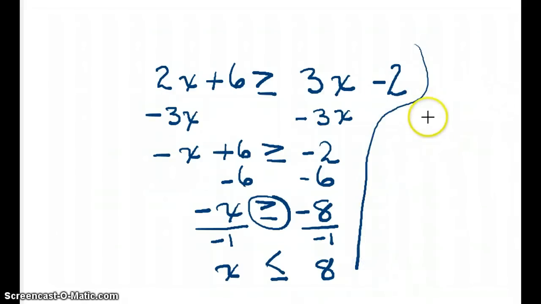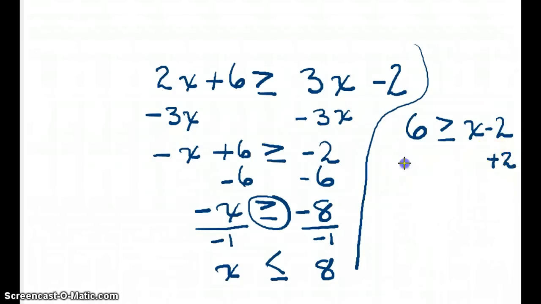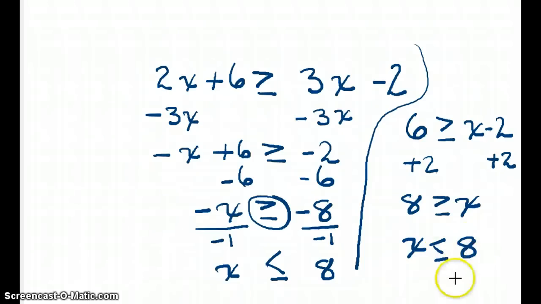Or the opposite way would be to get rid of the 2x, and I would have 6 is greater than or equal to x minus 2. I can add 2 to both sides, and now I have 8 is greater than or equal to x, and I can just rewrite this, x is less than or equal to 8.